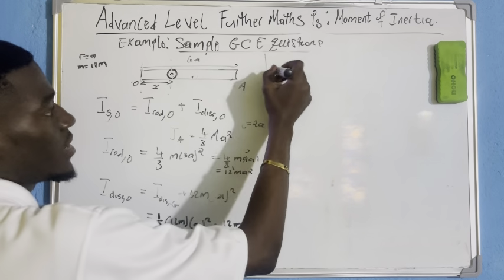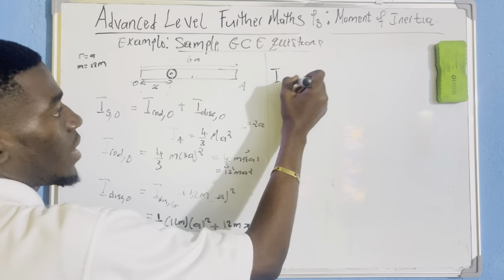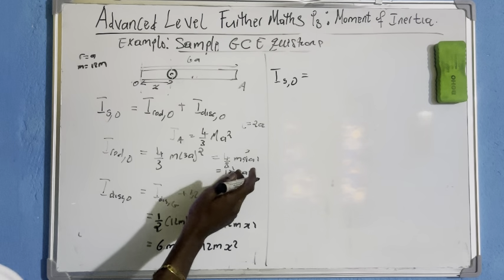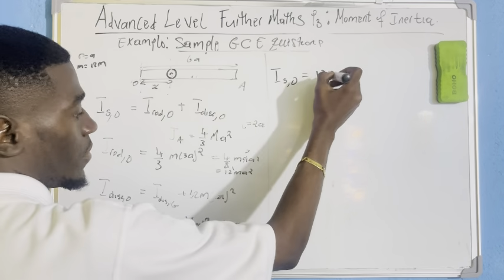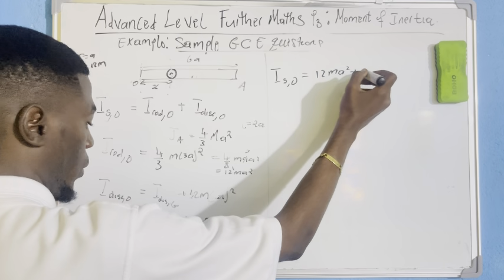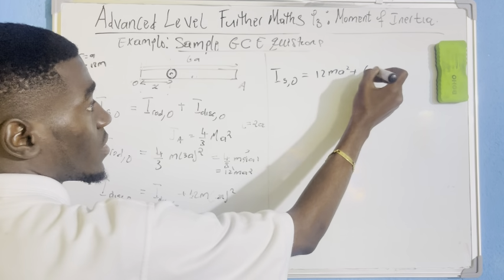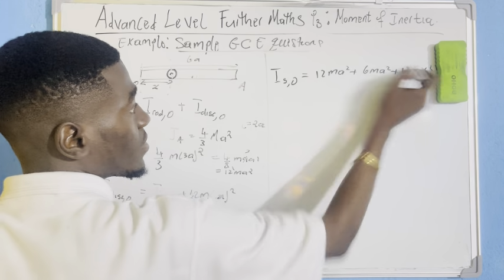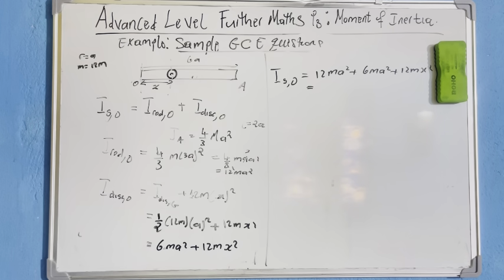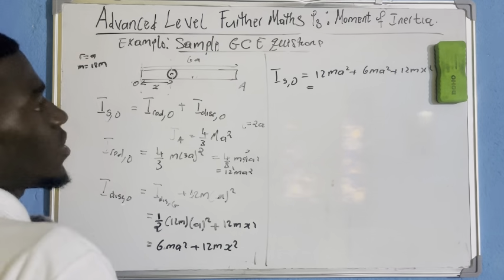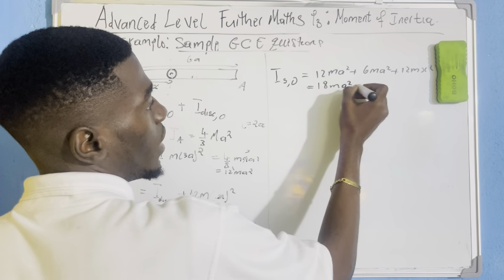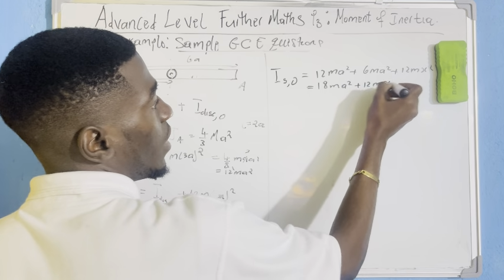Therefore, the moment of inertia of the system about the axis of rotation O will be simply equal to, I should add these two, 12ma squared plus 6ma squared plus 12mx squared. Is it making sense? Okay. Then 12 plus 6 is 18. I'll have 18ma squared plus 12mx squared.